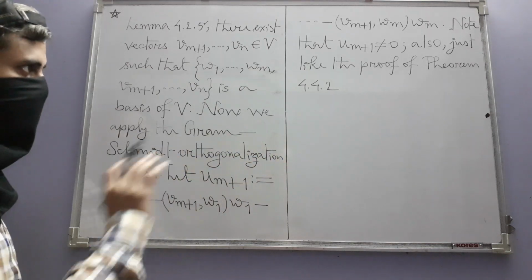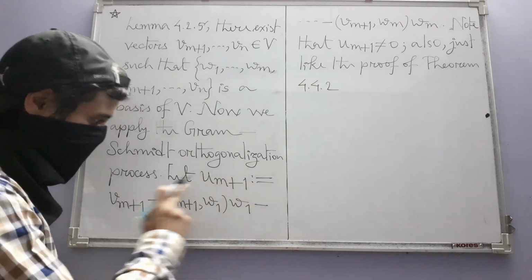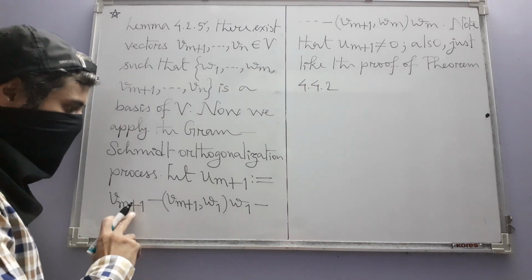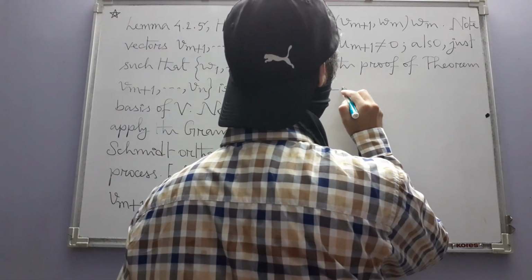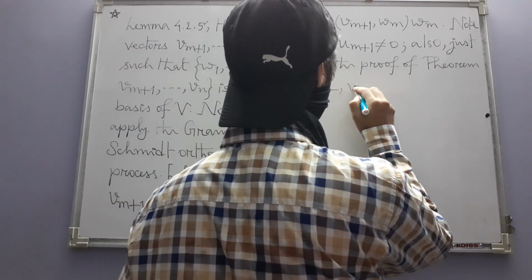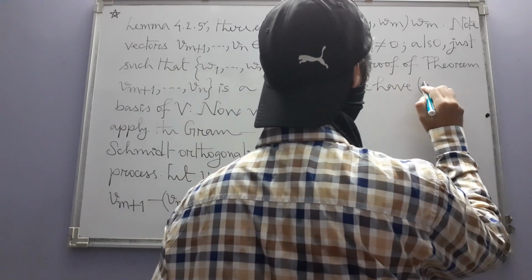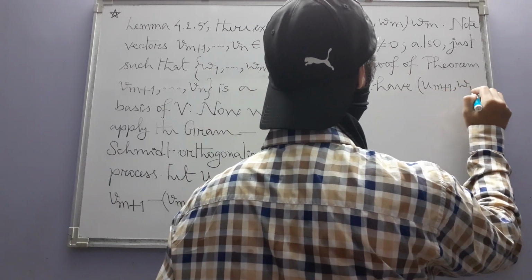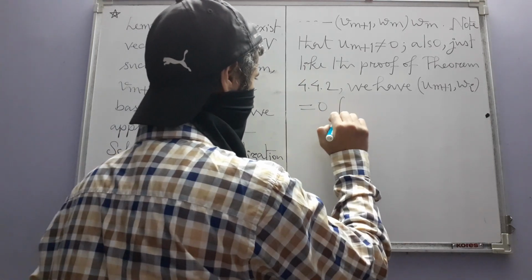And if we go back to the proof, there you will see that a vector defined like this will be orthogonal to all the Wi's. That is, we have this Um plus 1 and Wi. If you take their inner product, you are going to get 0.